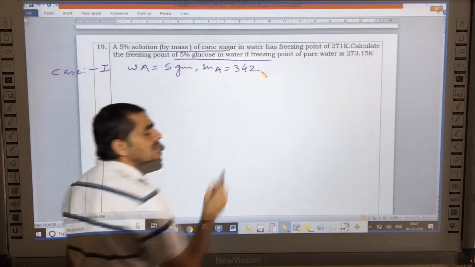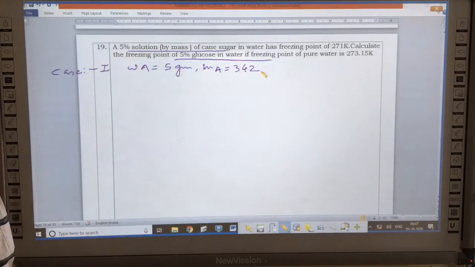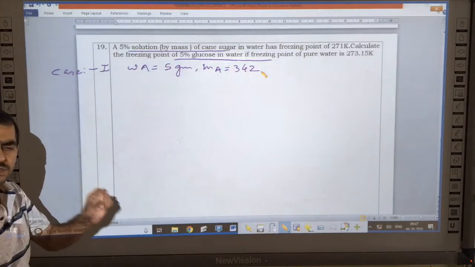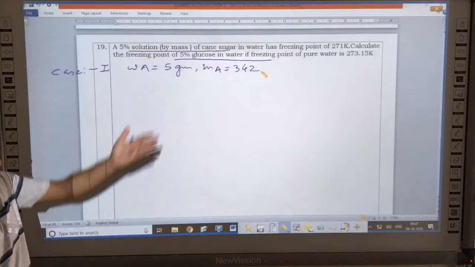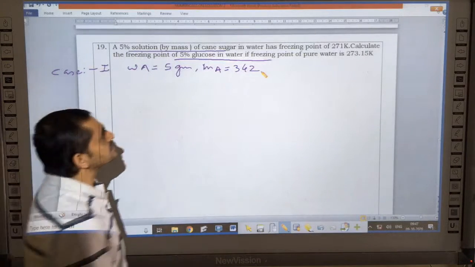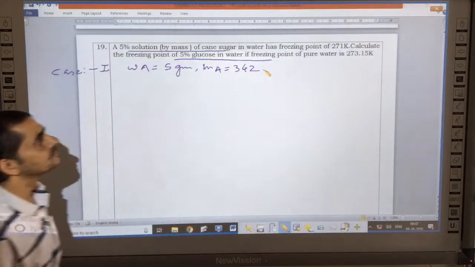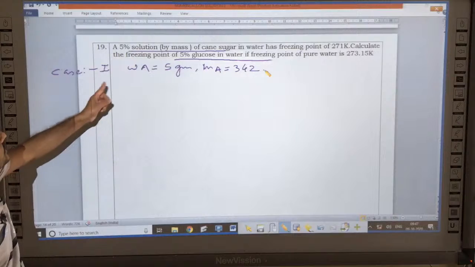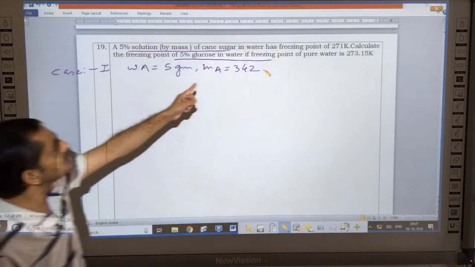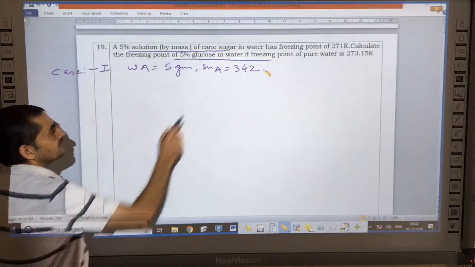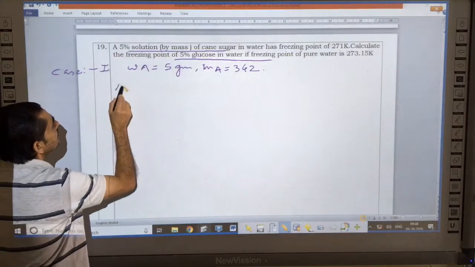Cane sugar, you know, C12H22O11, 12 into 12 plus 22 into 1 plus 11 into 16. You will get this. The freezing point of water is given. This is case first. Calculate the freezing point of 5% glucose in water. The freezing point of pure water is this.